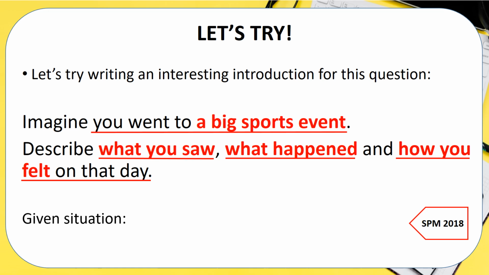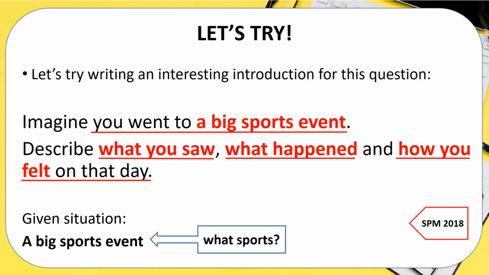So step 2 is to identify the given situation. So what is the focus of this question? The focus of this question is a big sports event. Of course, this is a general requirement. It says a big sports event. So which sports event? Is it football?